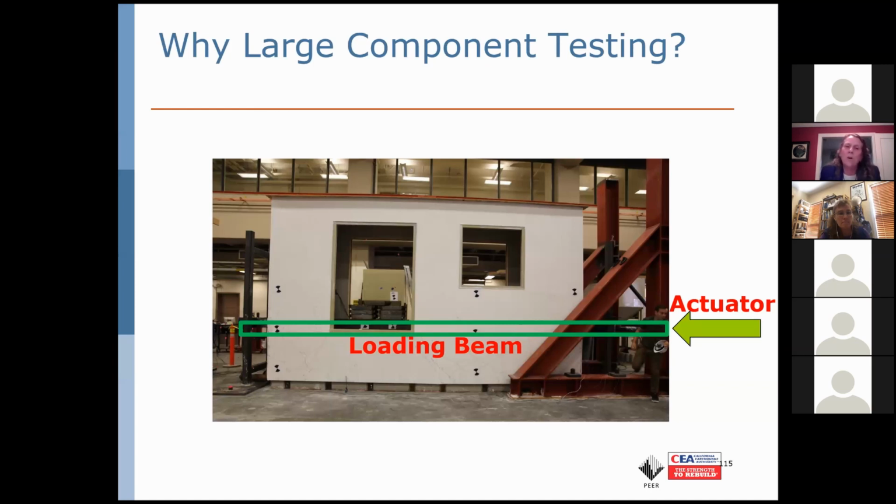And what we got out of that was the continuity of the stucco around the corners in this 4 foot by 20 foot plan building configuration. We got the continuity of the stucco from the cripple wall up into the superstructure, and we could get some idea of what that might do to change the behavior of the cripple wall stucco. And in addition, we ran the stucco down the face of the foundation.